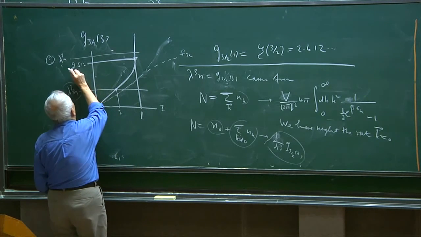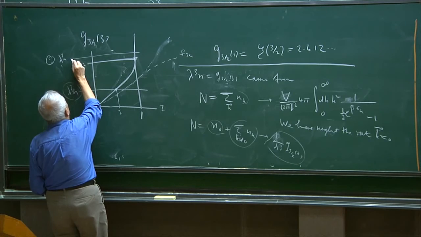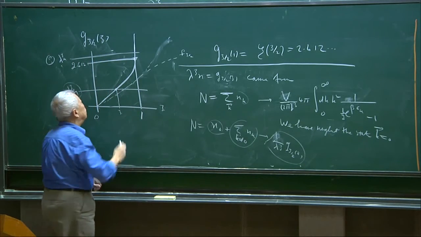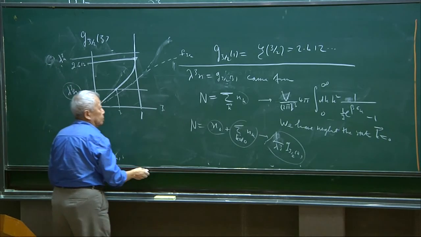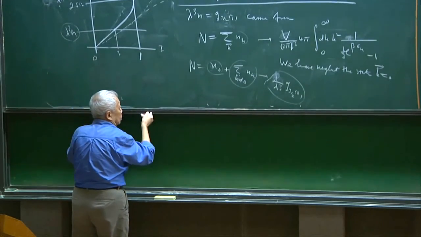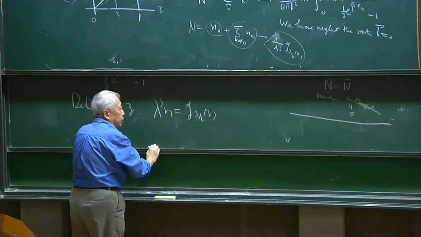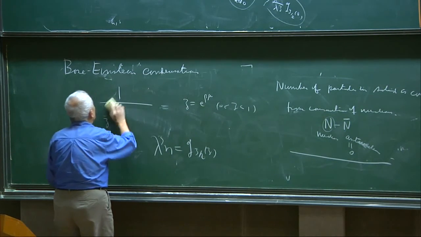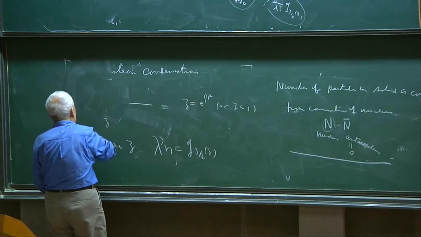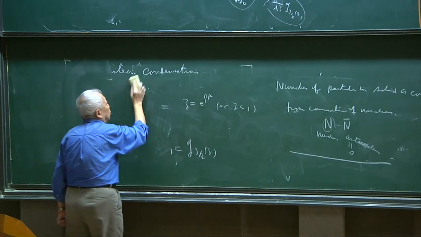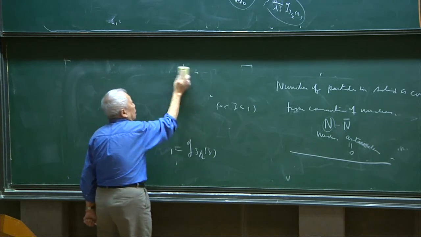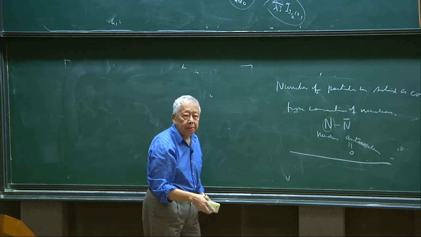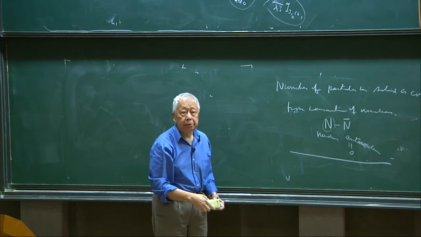So when you take this up here, z is stuck at 1. And that's called Bose condensation. When the density and the temperature are such that lambda cube n is greater than a critical amount, a fraction of the particles must go into the 0 momentum state. That's called Bose condensation.